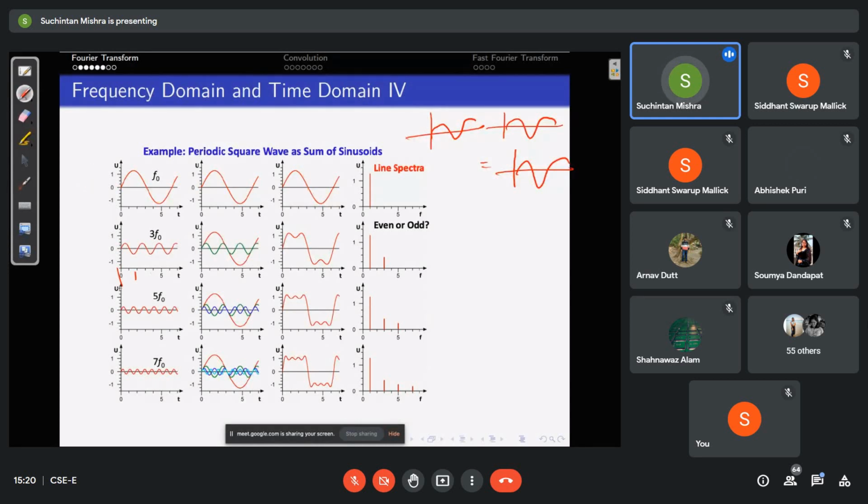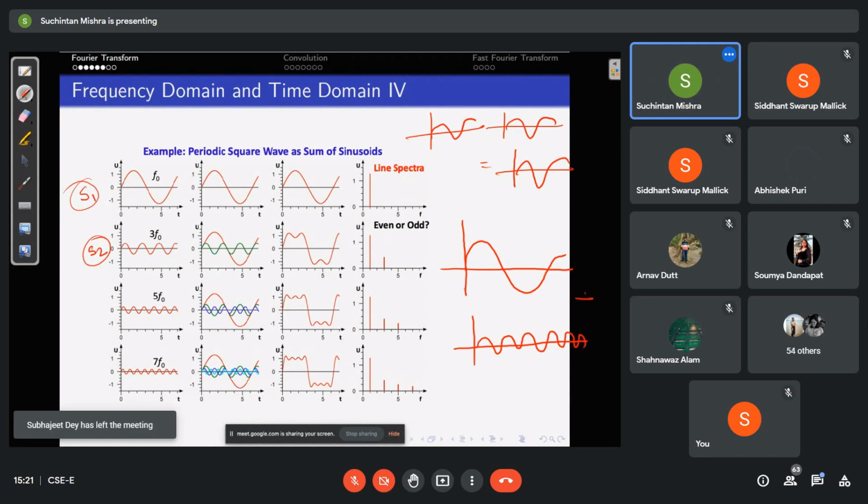Now, if you see the next signal, which we call signal 2, let us add it with our previous signal, which is signal 1. So when a low frequency signal is added to a high frequency signal, this process is actually not addition.